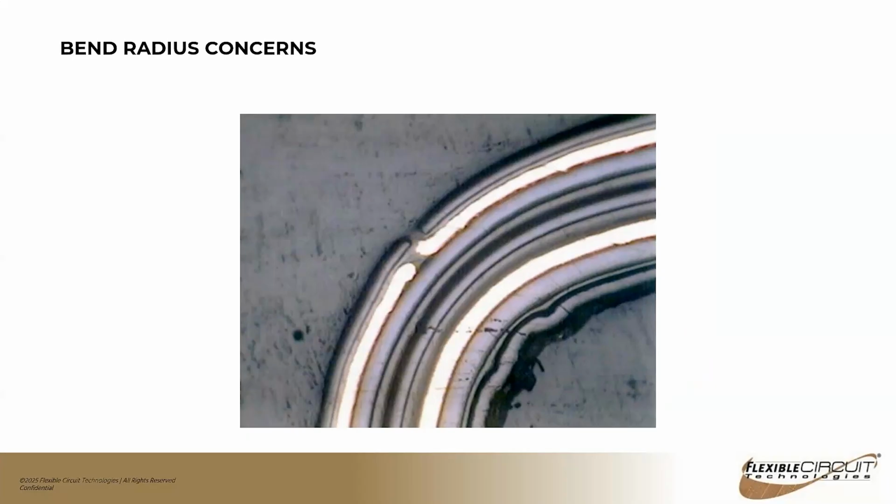The coverlay on the inside bend radius is significantly thicker than the outside, and the bond ply in the middle between the layers is very thick. So the neutral bend axis is much closer to that thick polyimide than it is to the outside conductor, which, due to that compression, results in separation of the outermost conductor as well as that polyimide layer.